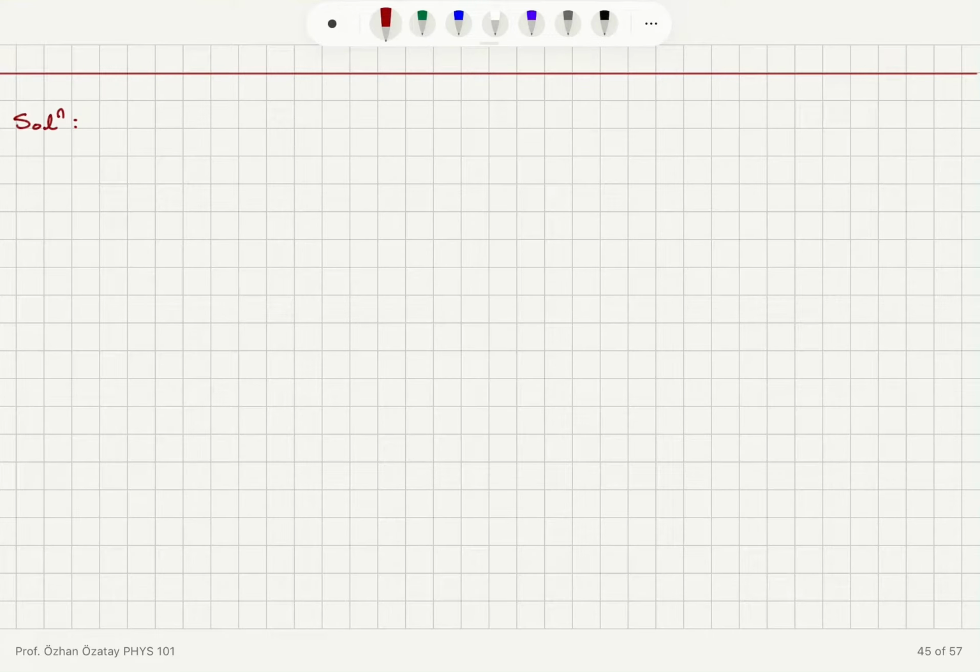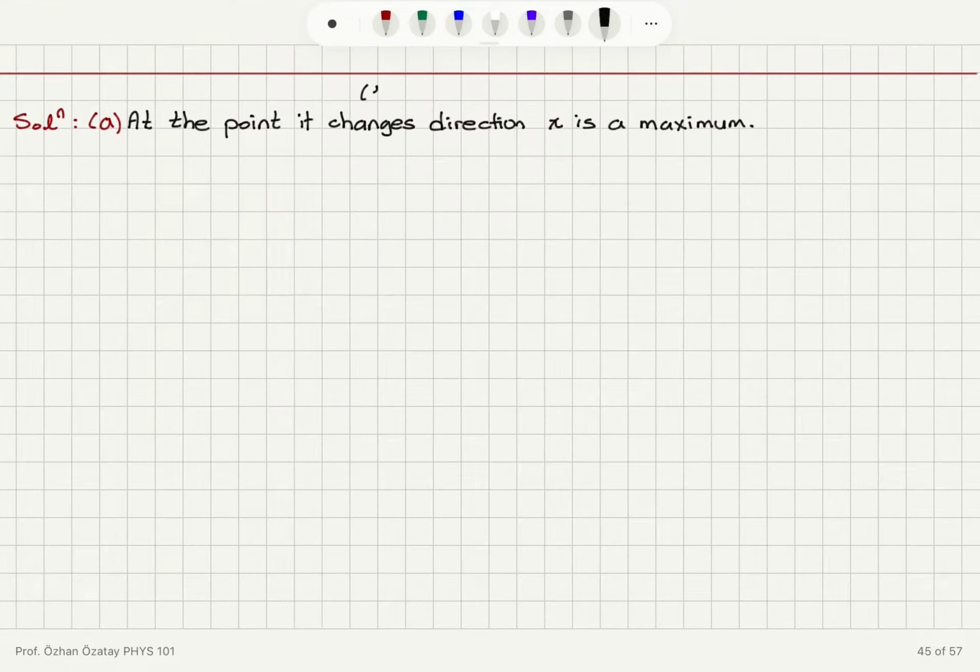So for part A, I note that at the point it changes direction, x is a maximum. So its position will be maximum. And note that this is a one-dimensional motion because we're moving on the x-axis.